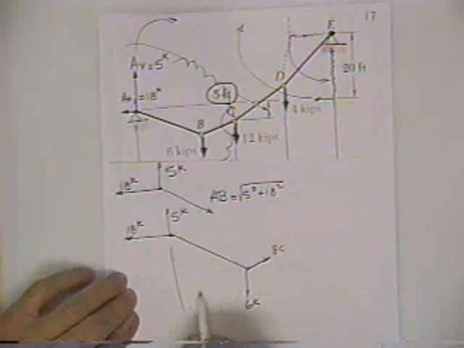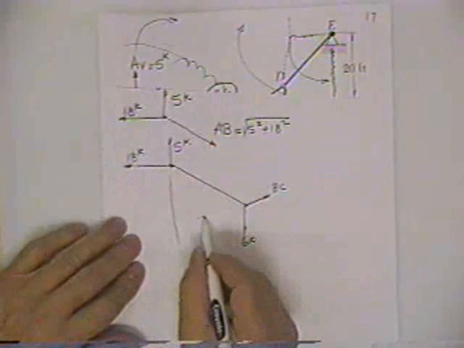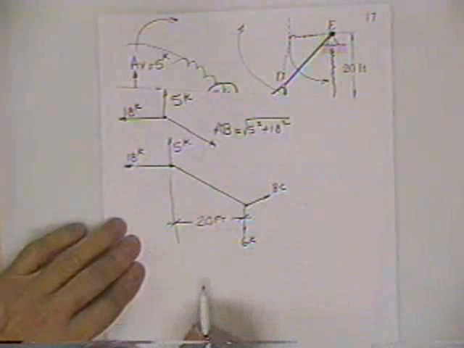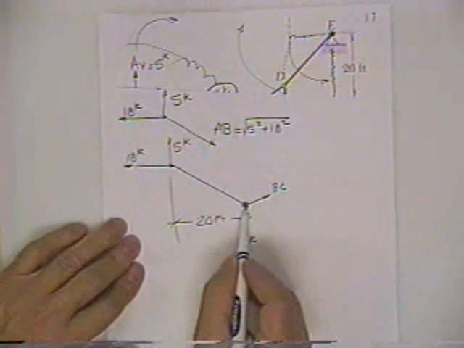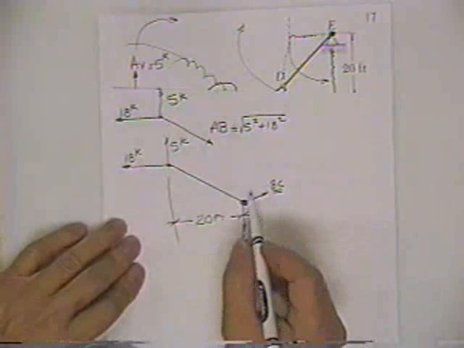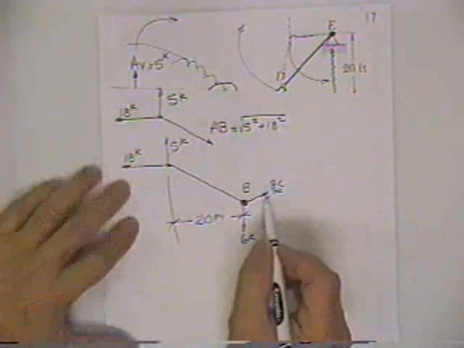We do know that this distance across here is 20 feet. And therefore, you can sum moments about this point. The reason I sum moments about that point is because I don't know this guy here. Summing moments about point B will get rid of BC.